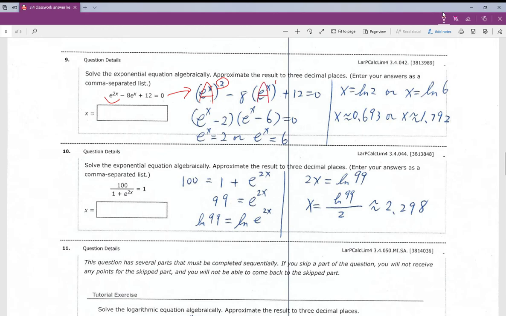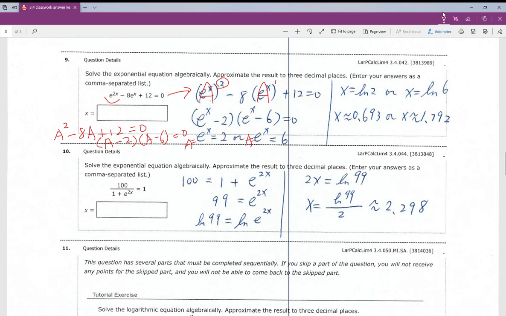In other words, you have a squared minus 8a plus 12 equal to 0. So you factor, and you are going to have (a minus 2)(a minus 6) equal to 0. So a equals 2 or a equals 6.